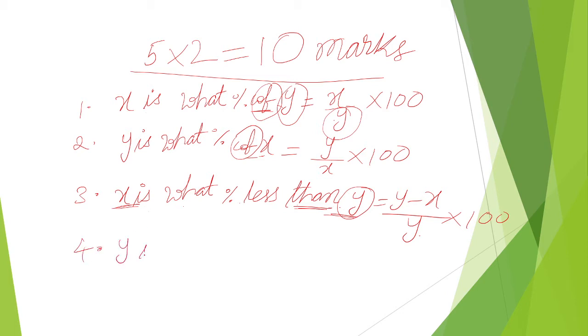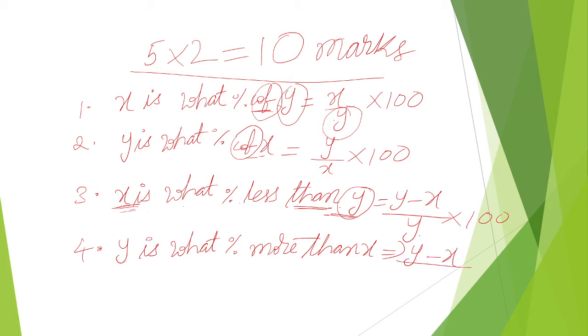Next, y is what percentage more than x? Here also the statement is the same. Y is more than x, so in the numerator it is the same, y minus x, because y is more than x.